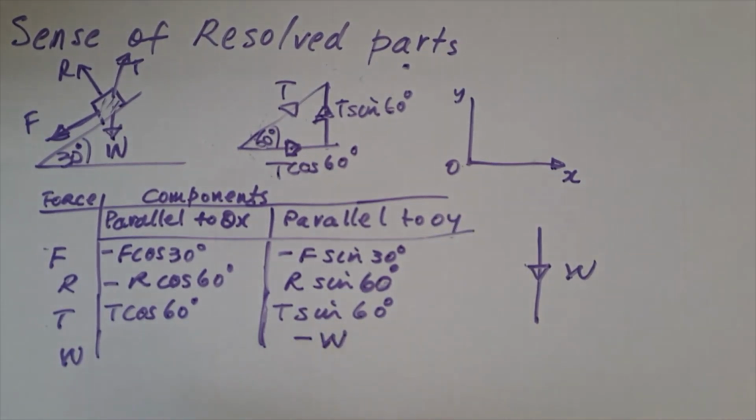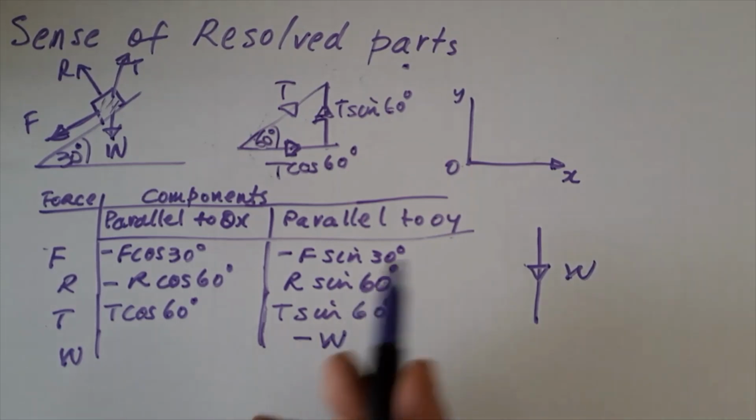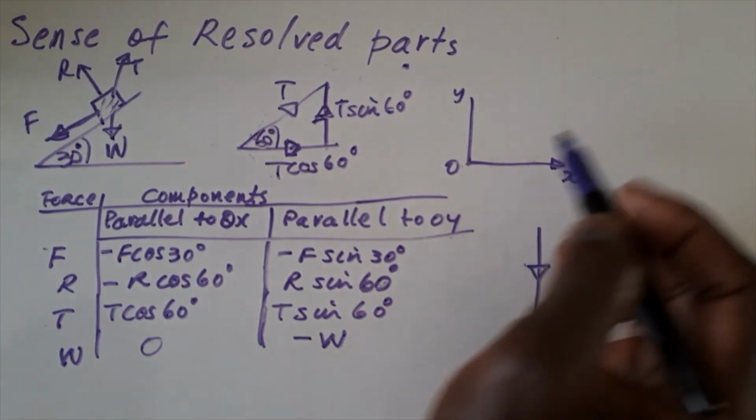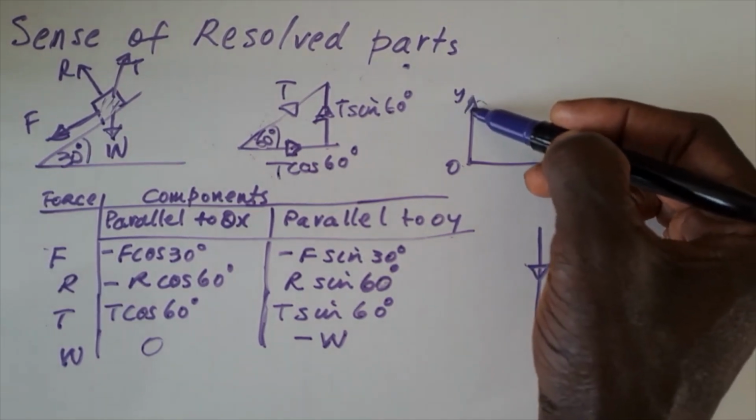And no component in the OX direction, so this is 0. And that's it. So what we've done is specified precisely how these components are acting relative to this specification, where OX is the positive direction and OY is the positive direction.